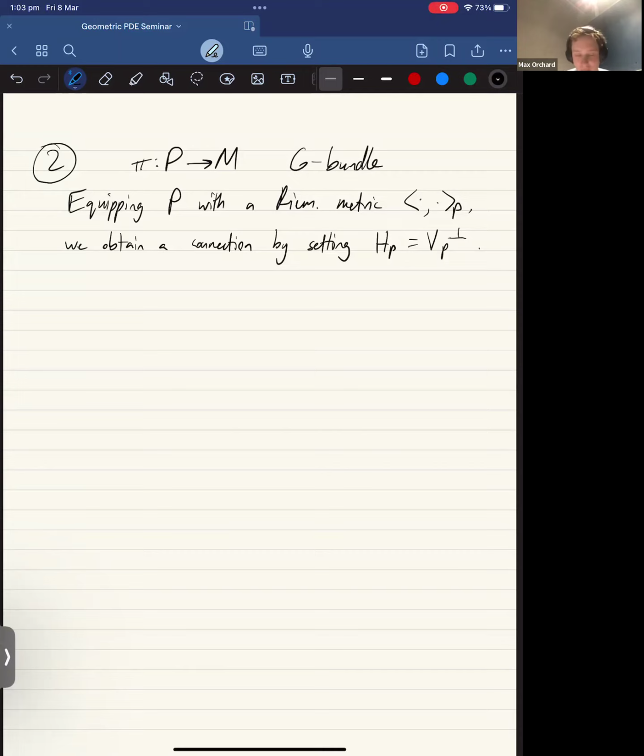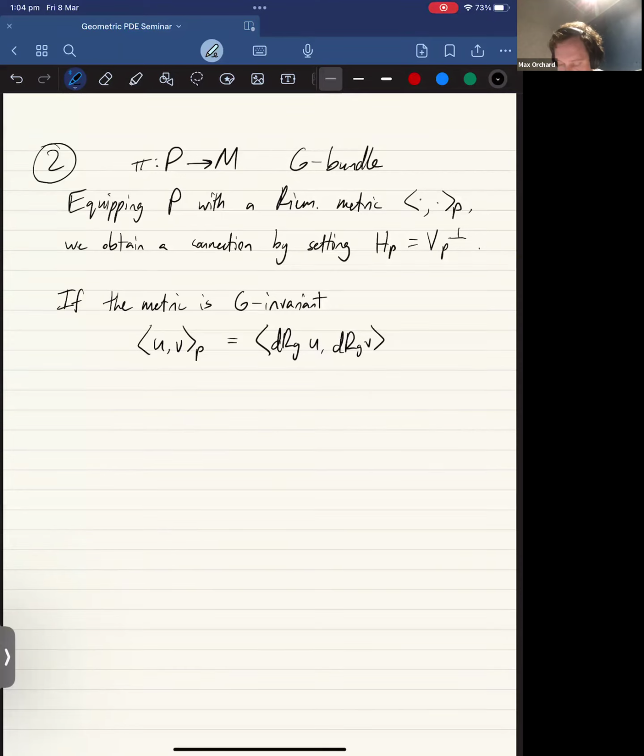But if we insist that our metric itself is G invariant, in the sense that it's preserved under this right multiplication, then this will be a principal connection. Now, in general, we can't guarantee the existence of a G invariant metric.